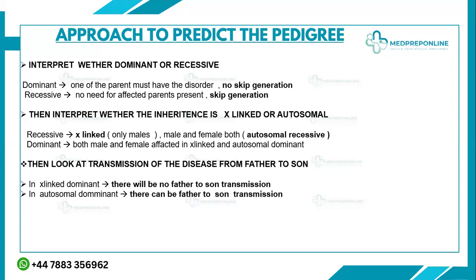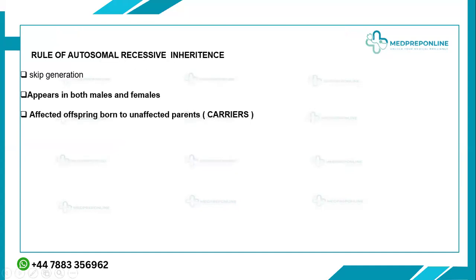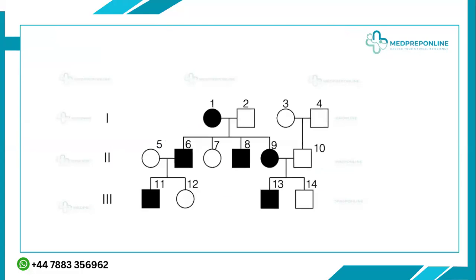When you talk about a pedigree, interpret whether it is dominant or recessive. How are you going to interpret whether it is a dominant or recessive disease? You are going to see that in dominant, one of the parents must have the disorder and there is no skip generation. In recessive, there is no need for affected parents, and there is a skip generation. Now let me show you an example of dominant.